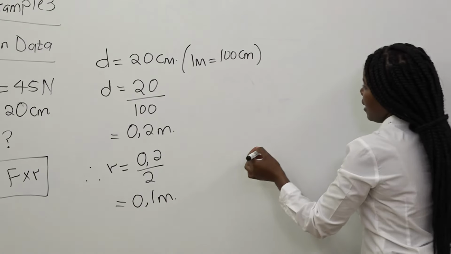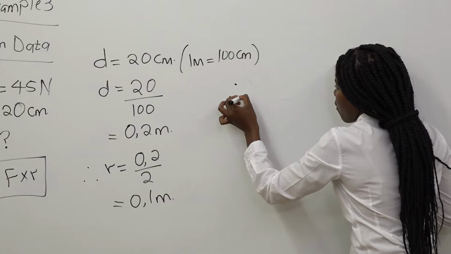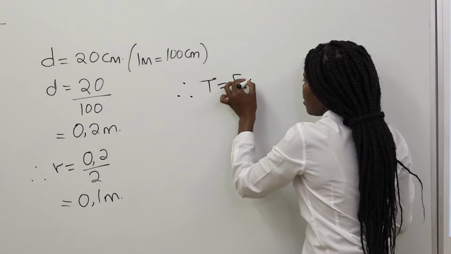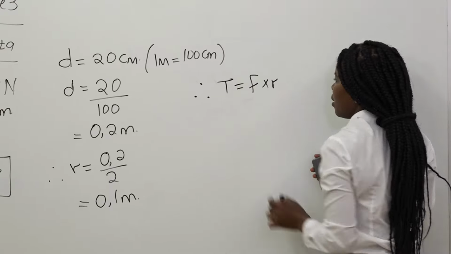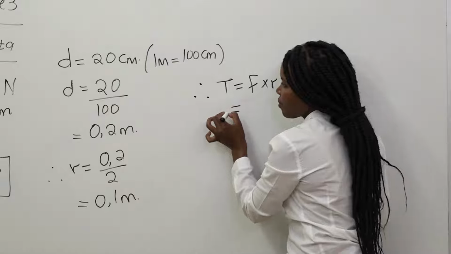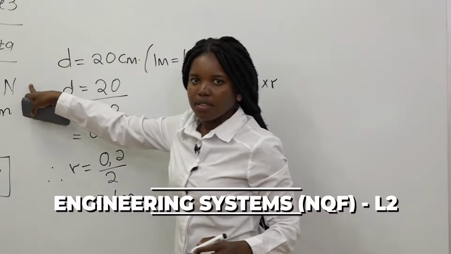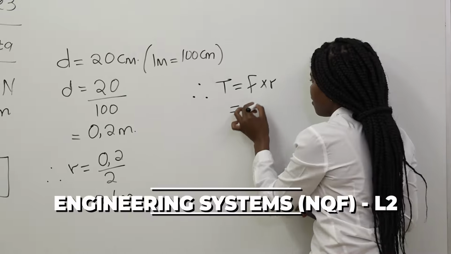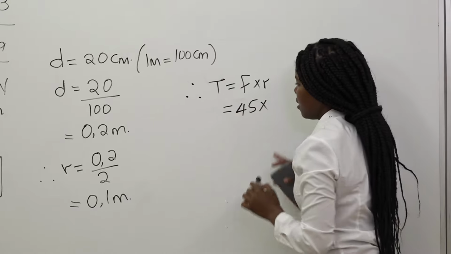Therefore, the torque is given by force times the perpendicular radius. Your F, you're given as 45 newtons. So you'll say 45 times the radius.